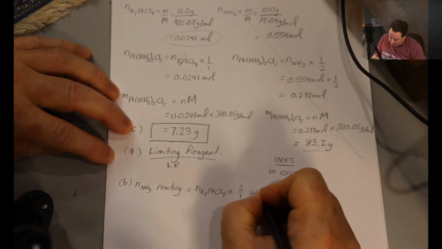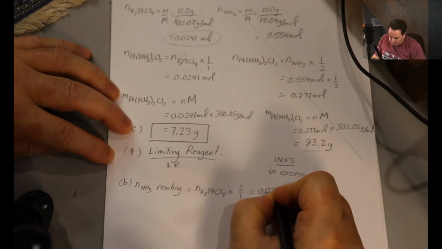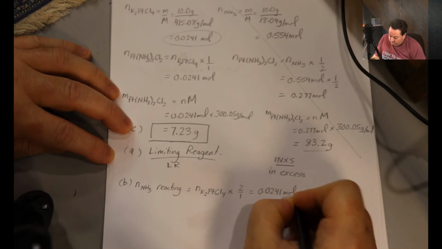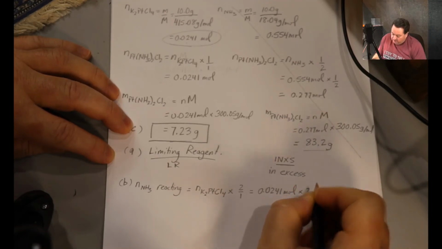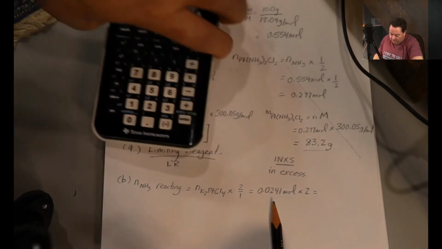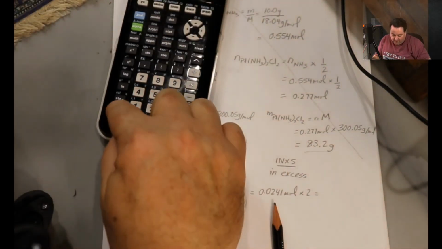So 0.0241 moles times 2, and rather than assume anything, I'm going to go back to the unrounded value.